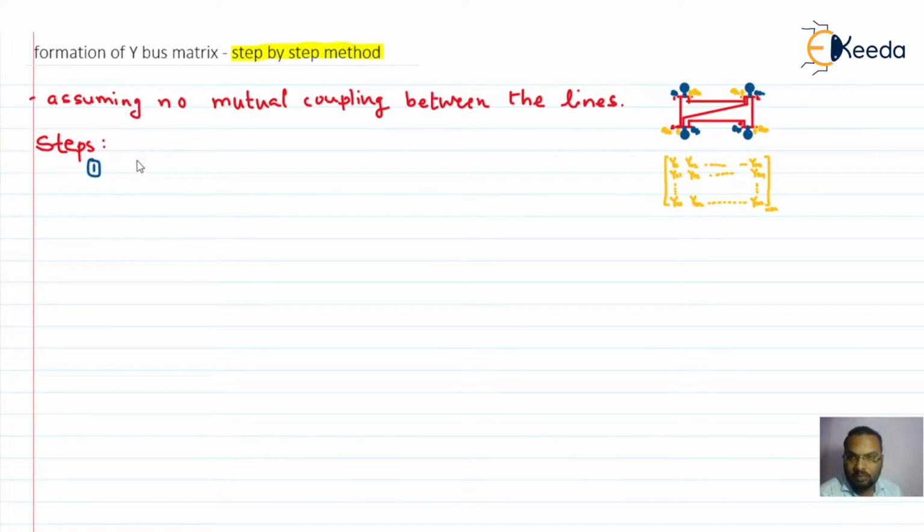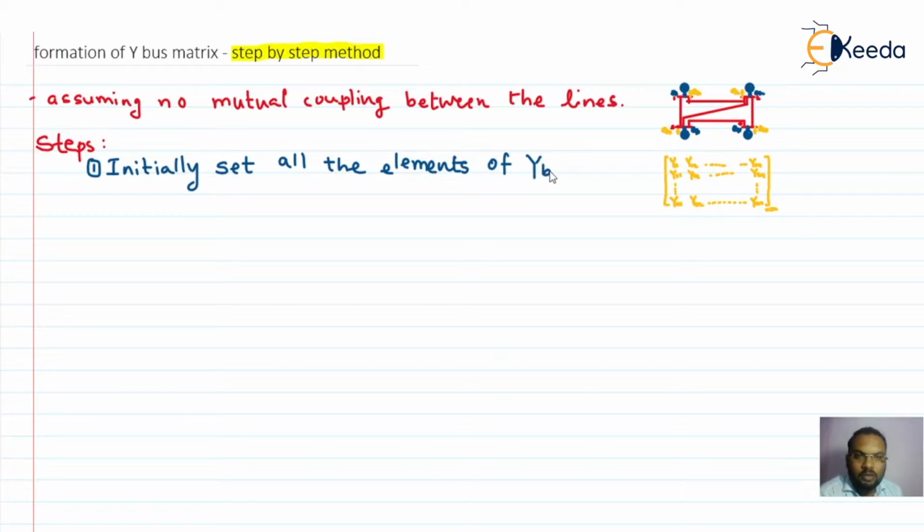This is the first step: initially, set all the elements of Y-bus as 0.